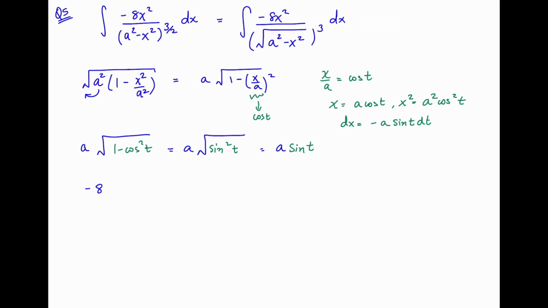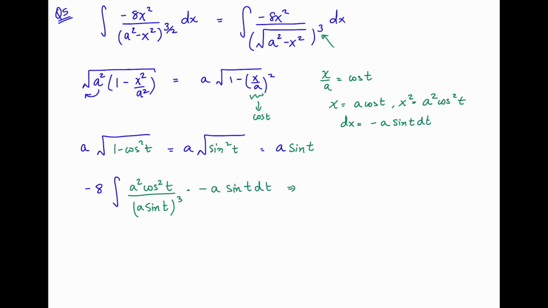Let's see what it turns out to be. So I'm going to take the negative 8 outside. The x squared now became this. Inside this will be a to the cube, right? Because remember, that quadratic was cubed. The value here will be sine t dt, right?